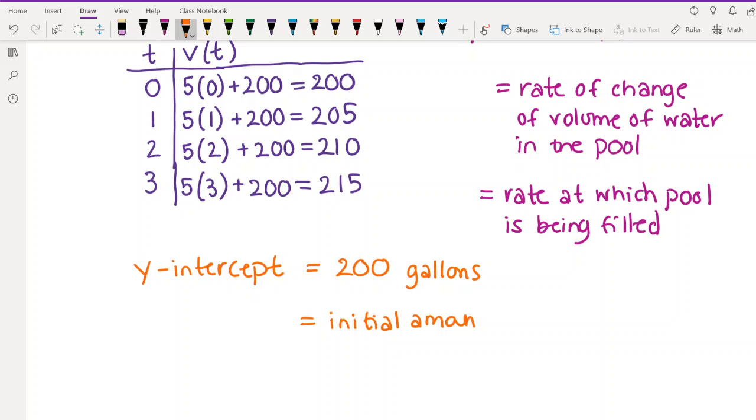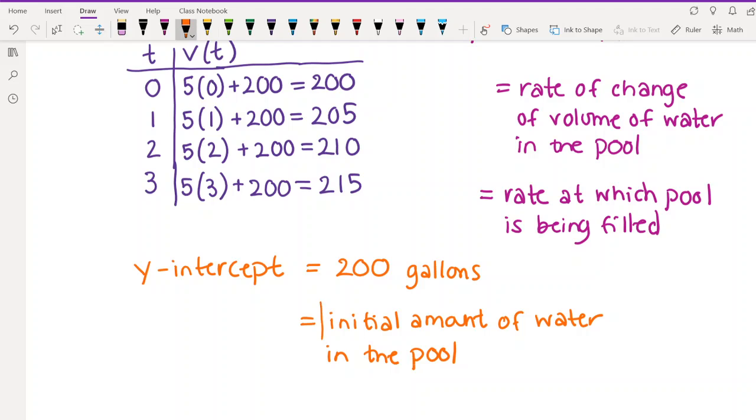Where am I getting that idea from? If we look at our table, 200 is what we get when we plug in t equal to 0, and t equal to 0 represents your starting point.